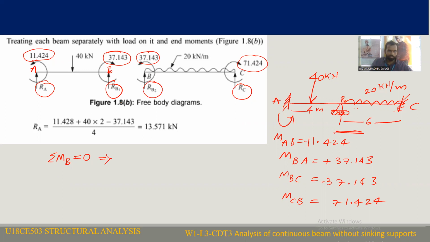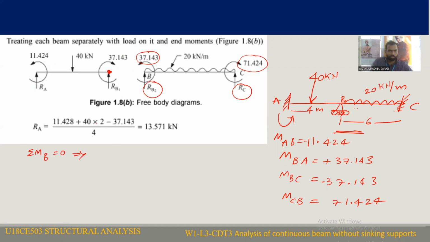The force RB1 effect will be 0 because the line of action of the force is passing through point B. Summation of moments at B equal to 0 for the first span.